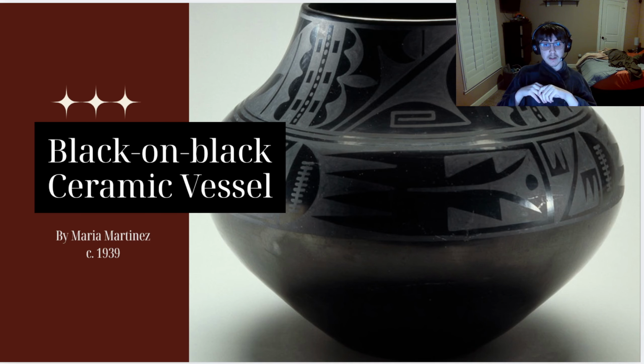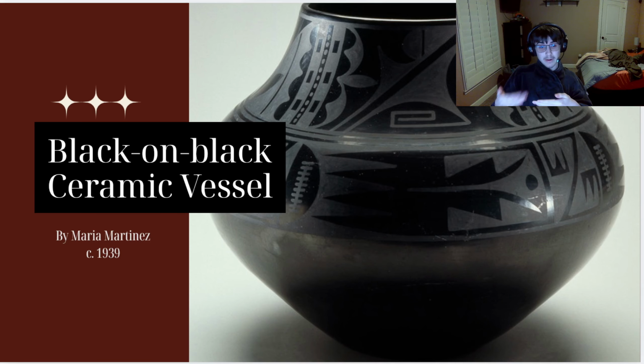And so these vessels are recognized for their striking contrast between high gloss burnished surfaces and matte black painting designs, created through a reduction firing process that removes oxygen from the kiln. I don't know how I'm going to talk about this while I'm actually presenting it.